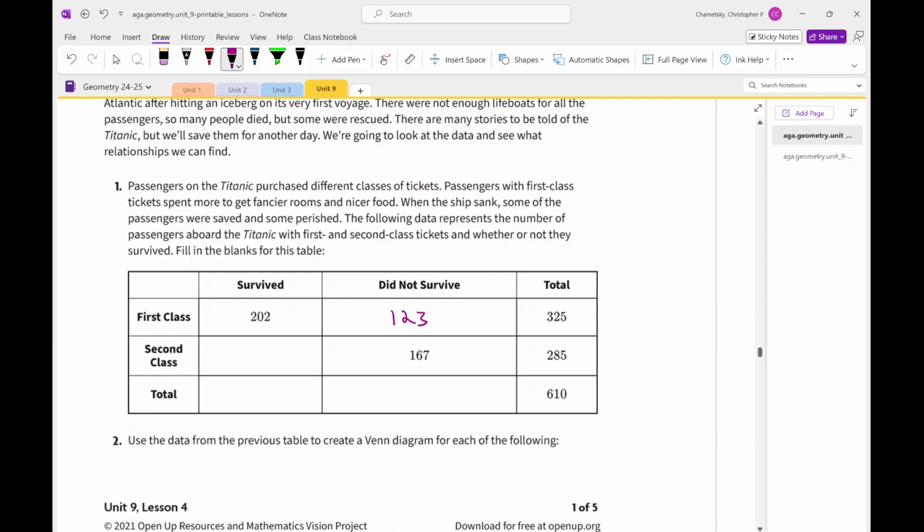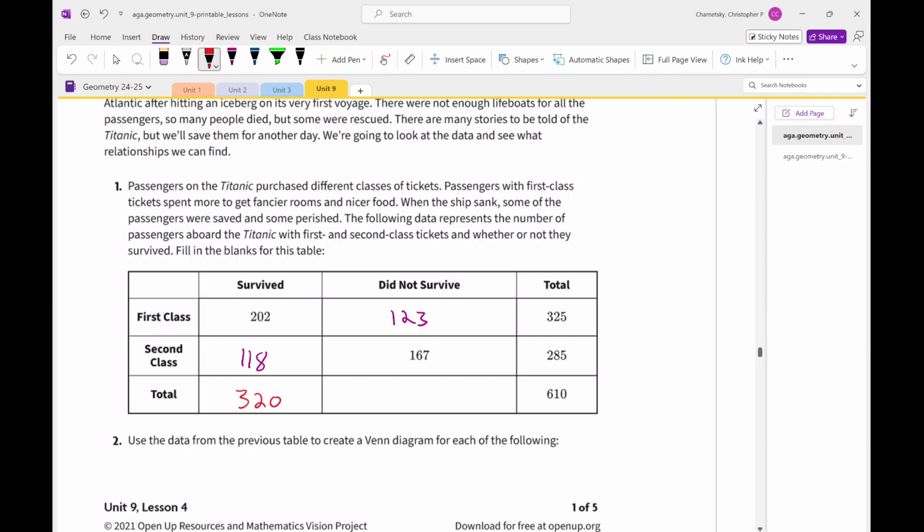I can do the same thing for the second class. I can subtract 167 from 285. That gives me 118 that survived in second class. I can now total up the survived by adding the 202 and the 118.